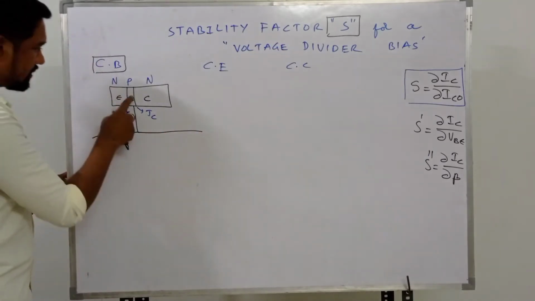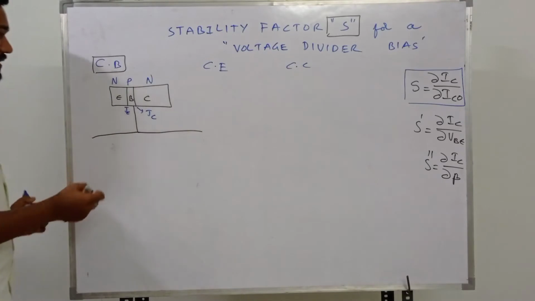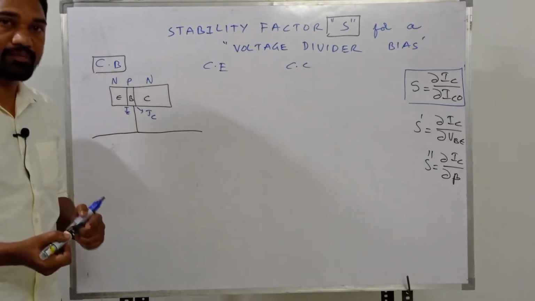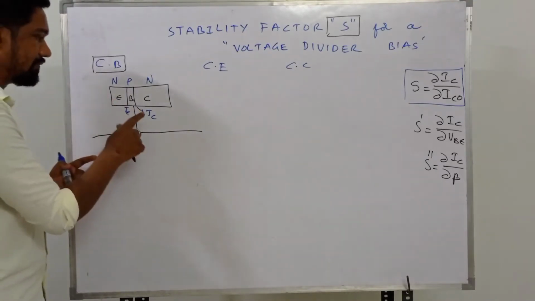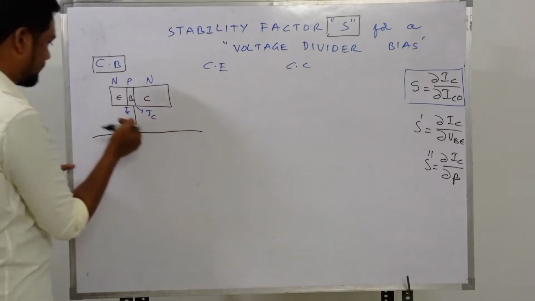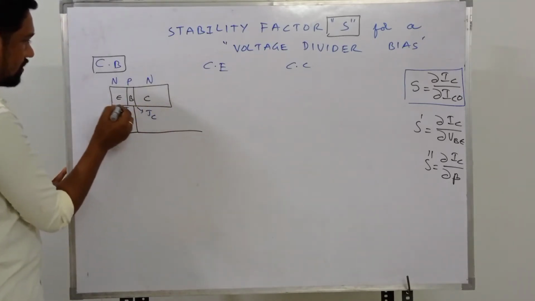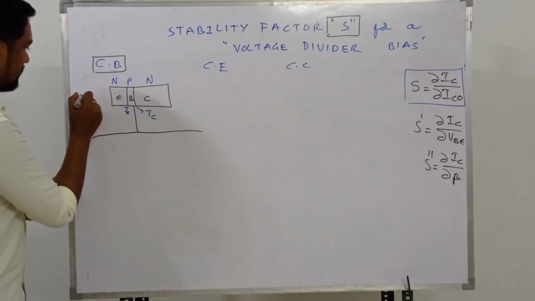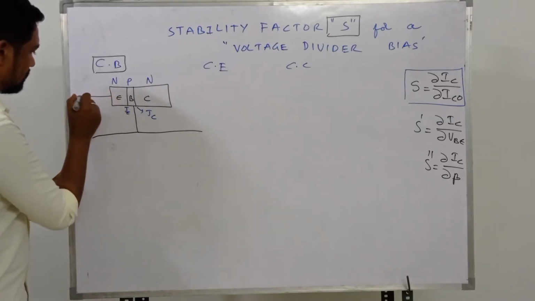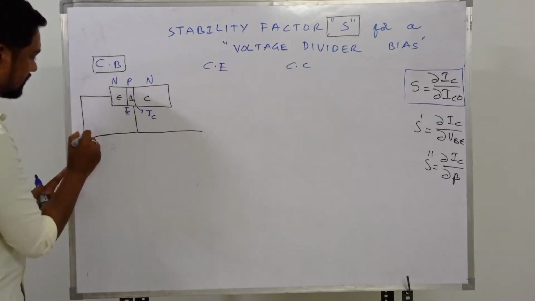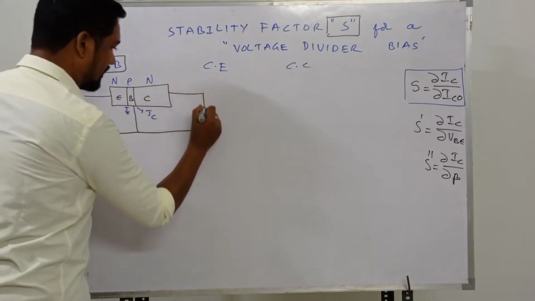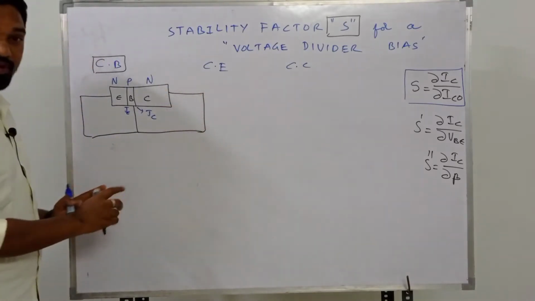I'll repeat, the base is common to both input and output, and the signal which we want to amplify is given to the emitter, and the amplified signal is collected across the collector. So that's the meaning of the common base configuration. And so the signal which we want to amplify is given to the emitter, and output is collected across the collector, right?